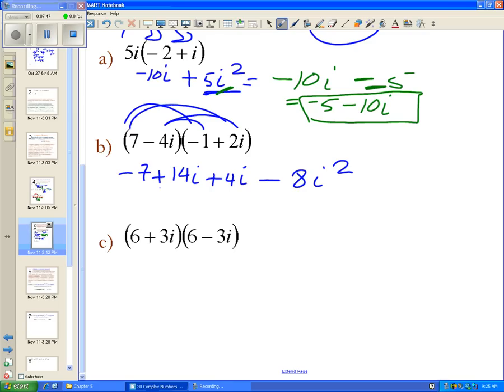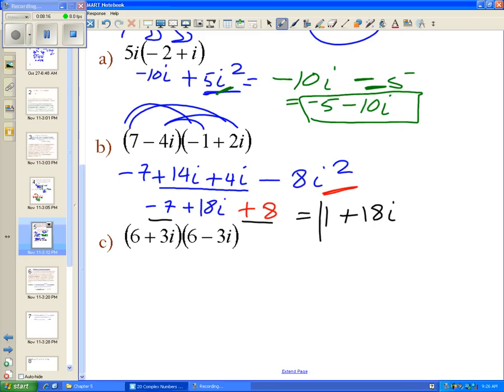Combine like terms here. I get negative 7 plus 18i. This i squared, again, changes into a negative 1, so this becomes plus 8. Now I need to combine like terms of negative 7 and plus 8, so I get 1 plus 18i.